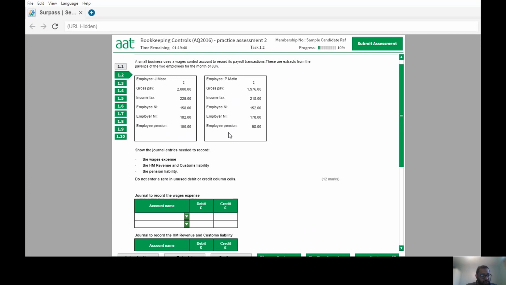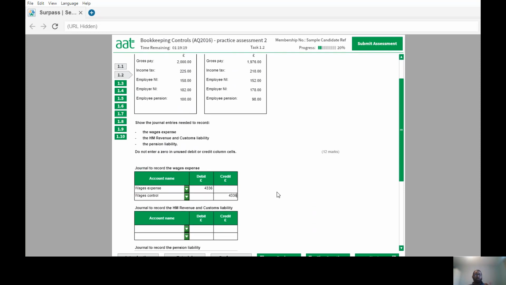These will be added to £4,336. So to record the wages expense, the wages expense account will be a debit of £4,336 and the wages control account will be credit for £4,336.